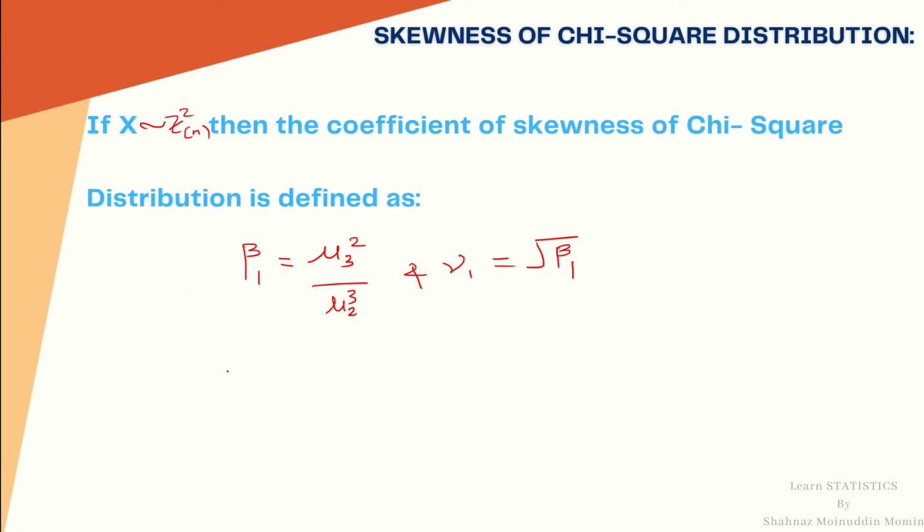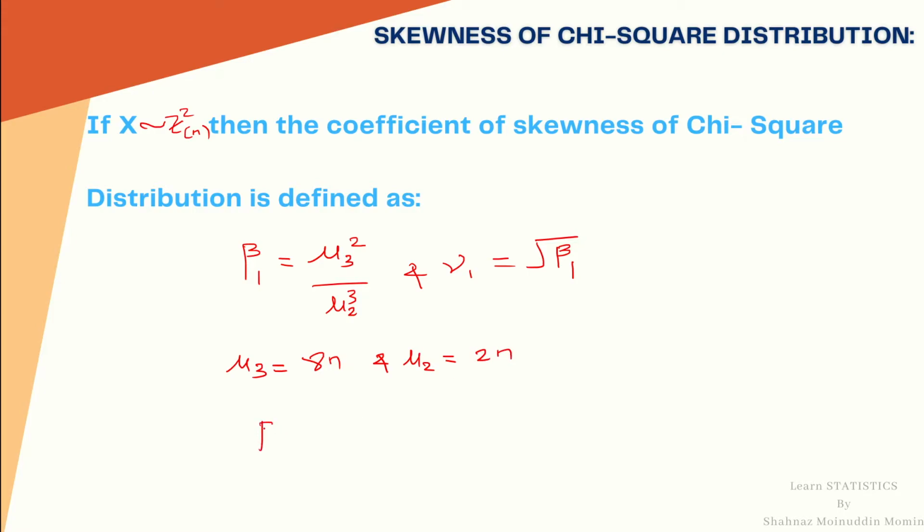We know that mu 3, the third central moment, is 8n, and mu 2, the second central moment, is 2n.